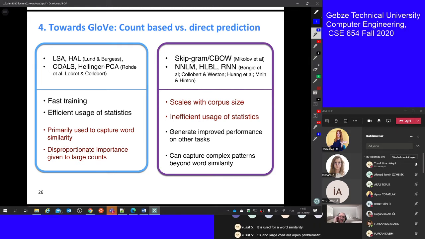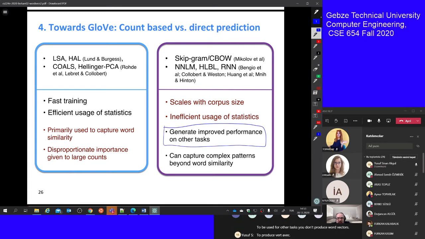With the word-to-vec approach, okay, it's very good in terms of scalability. You make your corpora as large as you want, it will work. Okay. But it needs lots of data to work, inefficient use of statistics. Okay. And it is generally used for other tasks. You don't produce word-to-vec just to produce word-to-vec.